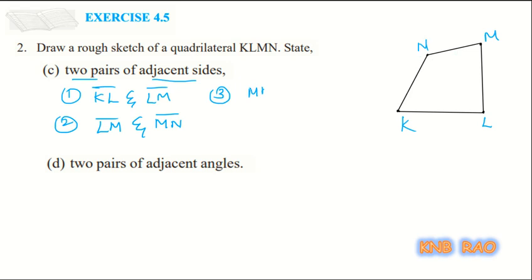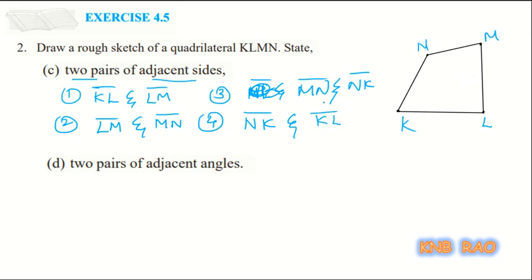Sorry, it is KL, LM; LM, MN; MN and NK. The fourth pair is NK and KL. So in these 4 any 2 you can write, and 2 pairs of adjacent angles.